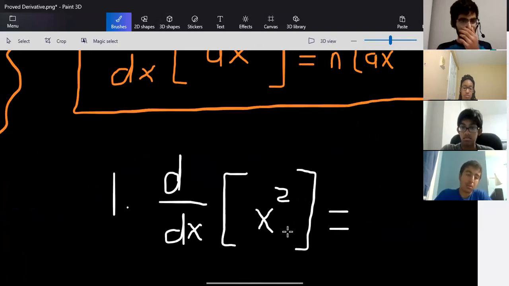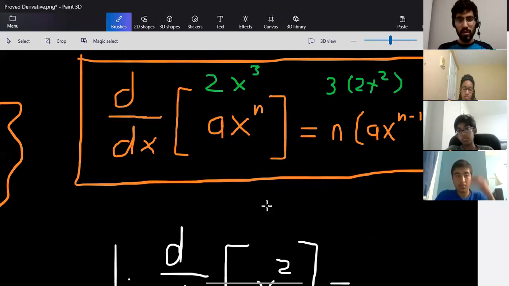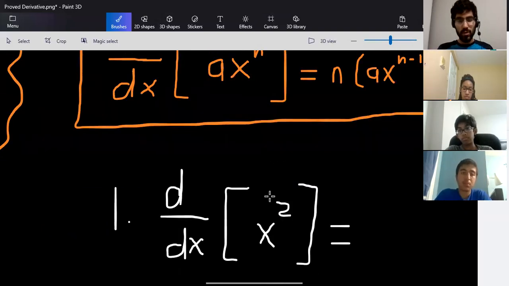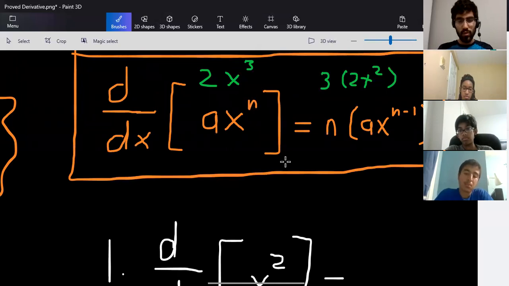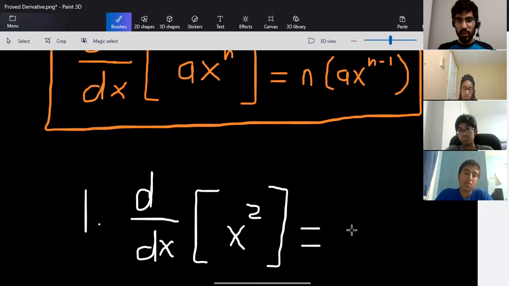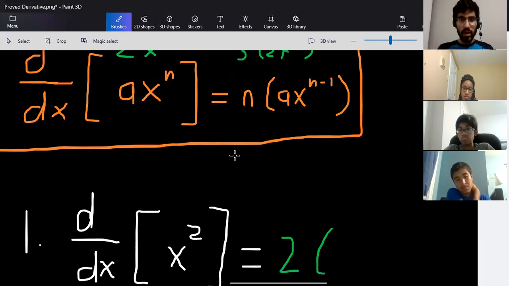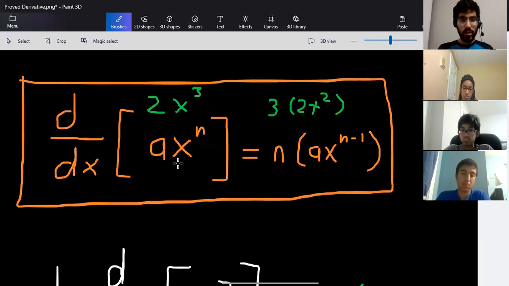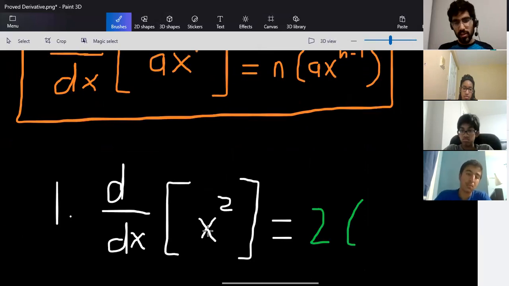Yeah? So d by dx, look at our rule again. Take the exponent, so take 2 and multiply it up front. 2 goes up front. Then multiply it by whatever you had before. So in this case, this isn't just x squared, it's really 1 times x squared.